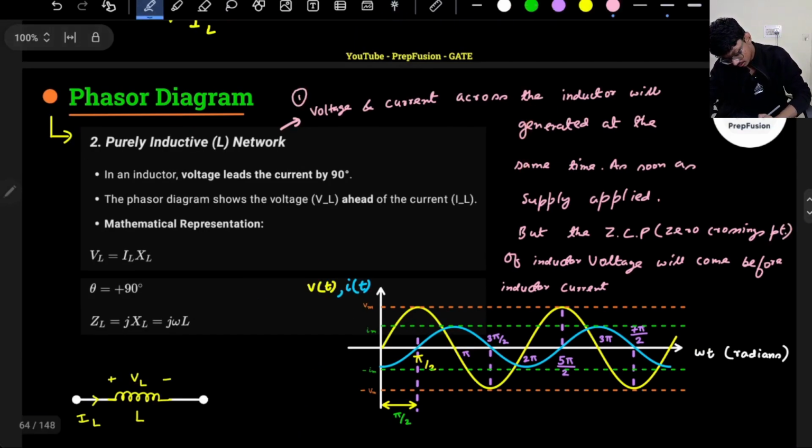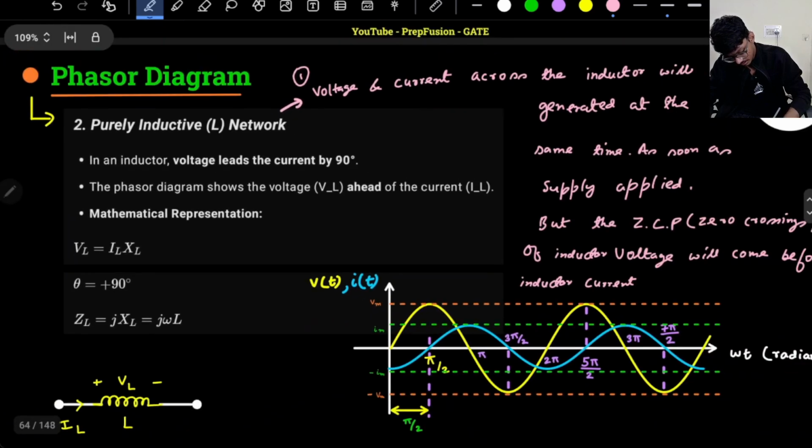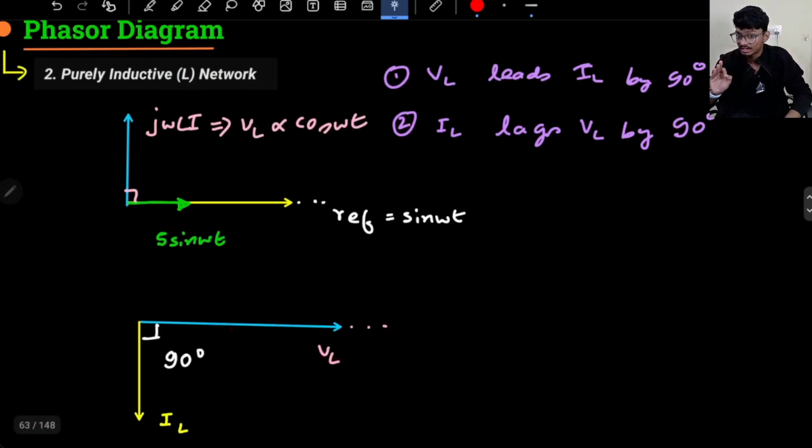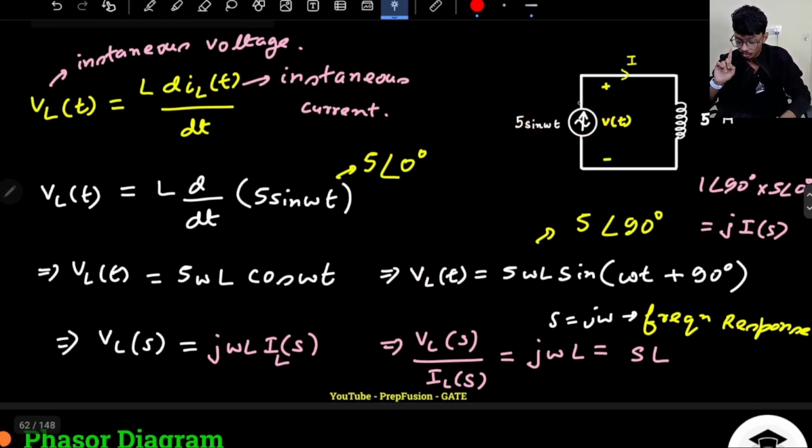The second point: if I say inductor voltage leads the current by 90 degrees, I am discussing the inductor voltage and inductor current, not the supply. Yes, here the supply current and the inductor current are the same, but after a certain point of time they will not be the same. But one thing will be the same: the inductor voltage and inductor current will have that phase relationship, that the inductor current lags the inductor voltage by 90 degrees. Please keep it in your head. Don't confuse it with the supply.